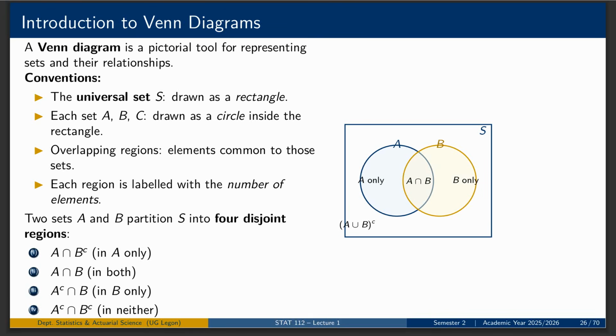Then the sets A, B, C are drawn as circles inside the rectangle. Where they overlap is an intersection. Then you can get, let's say, B only, A only, A union B complement, and so forth. Complement of A, complement of B, and so forth. So we can identify all these sections in there.